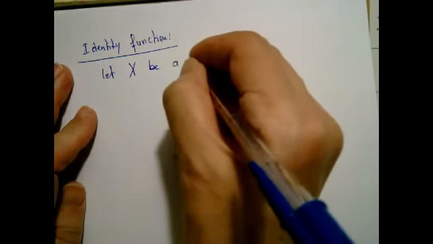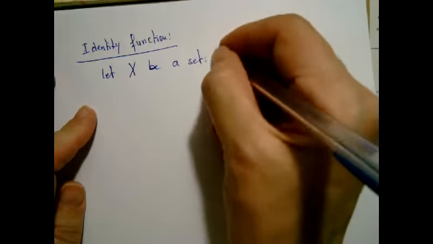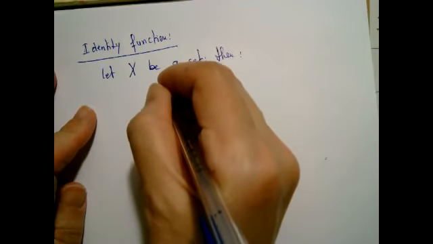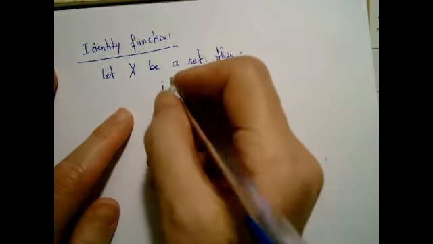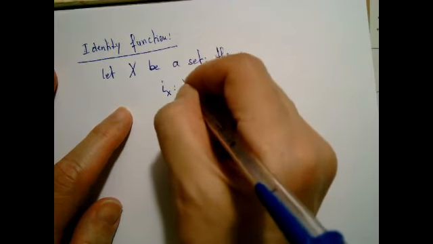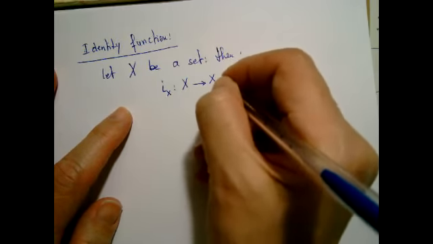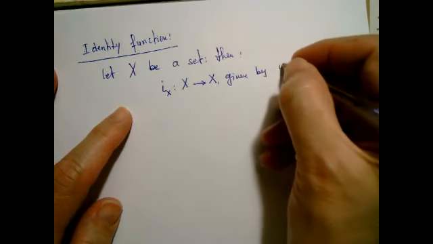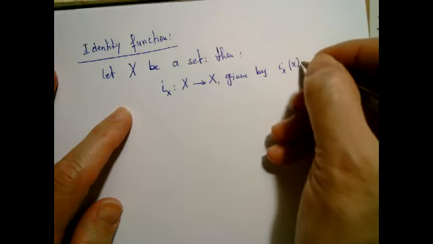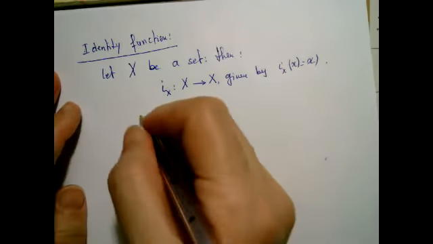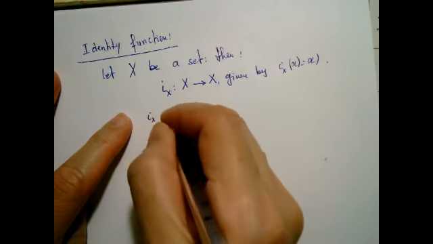Then I_X, the identity on X, is the function from X to X given by I_X(x) equals x. I_X is called the identity function.